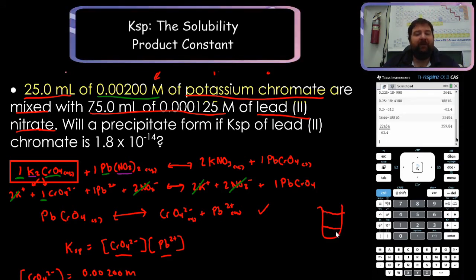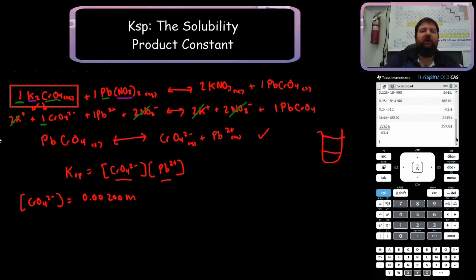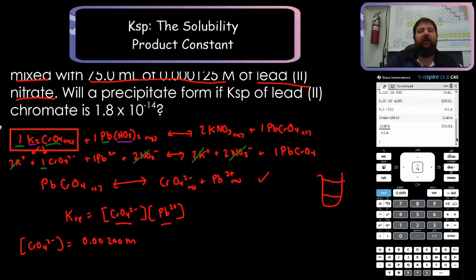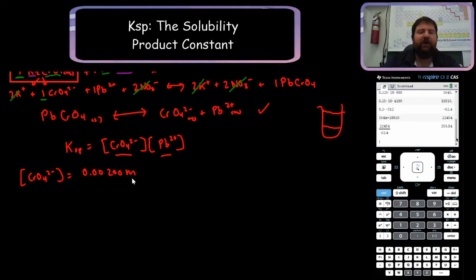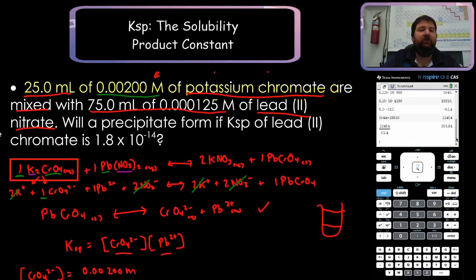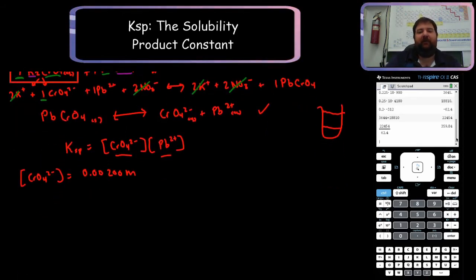But my amount of potassium chromate didn't change. It's just mixed in more water now. It got diluted. So we need to use our dilution factor to figure out what our actual new concentration is. Because this is old. This is what our concentration was when it was in 25 milliliters. It's no longer in 25 milliliters, it's in 100, 25 plus 75.